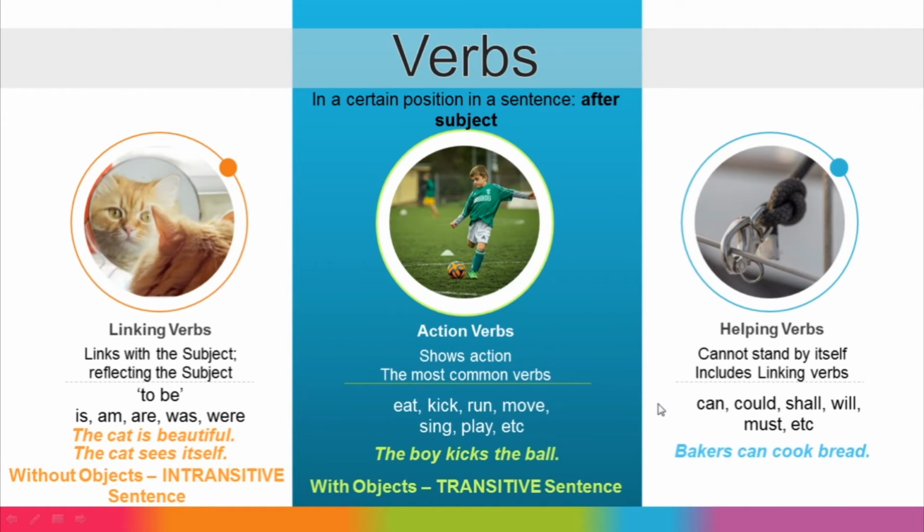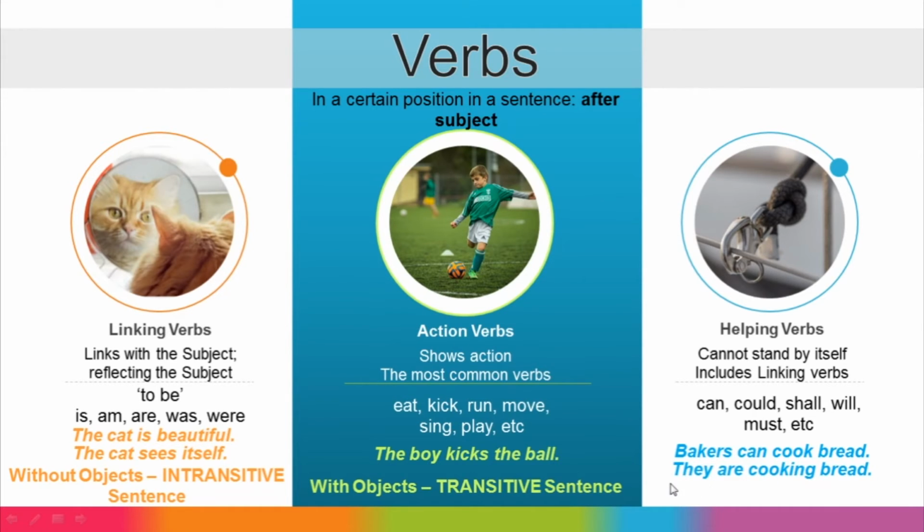An example of helping verbs is this: bakers can cook bread. Now in this case, for bakers, the action is actually cooking. So what is the function of the can here? It shows the ability of bakers. In this case, can doesn't really have a meaning of its own because the focus is on this action verb, which is cook. Can here is considered a helping verb.